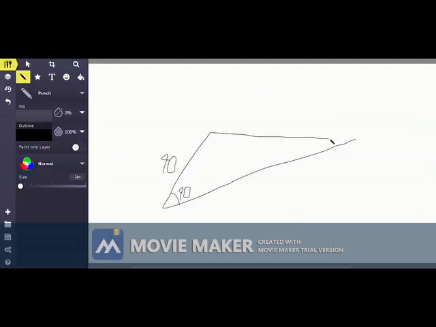So this is 60 degrees, not the angle in there. The turn he made was 60. If this were drawn out, that would be 180 degrees, just a straight line. We know that this angle in here is 180 minus 60, or 120.